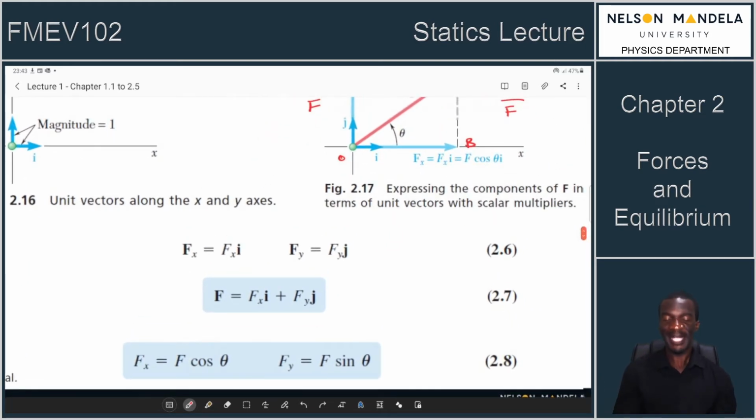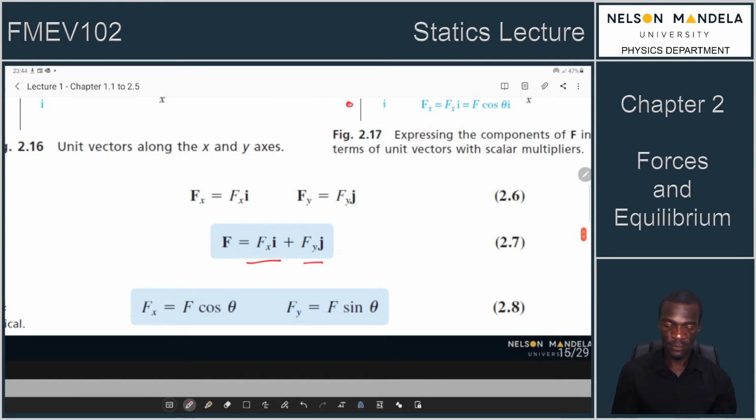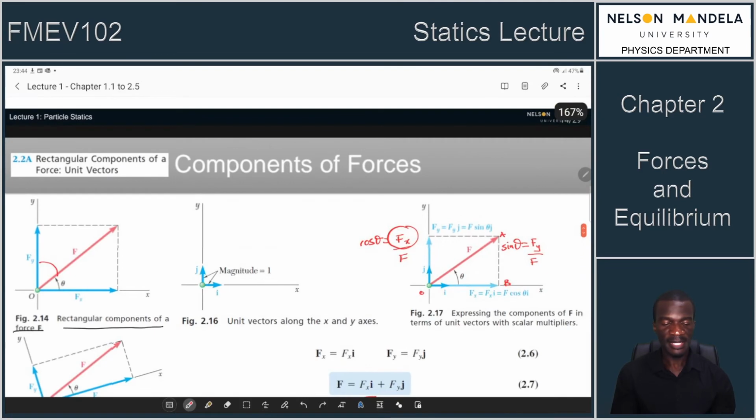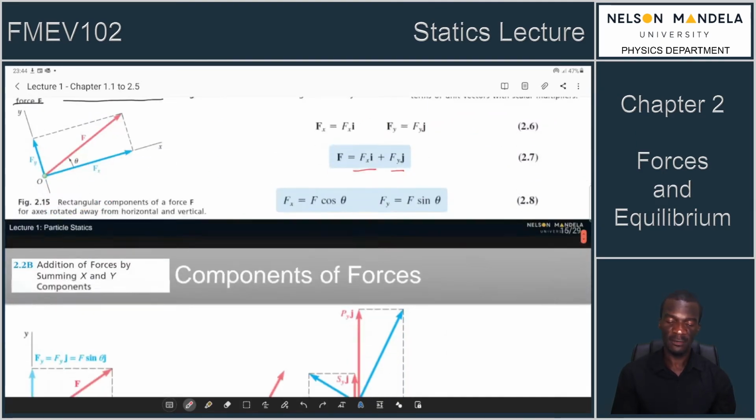You can therefore write the vector Fx, right? So Fx is a component, but it can be written as a vector of some magnitude in this direction, which is called the I direction. Same applies, Fy is in the J direction, and so we have the total force F being a sum or a resultant of the Fx in the I plus the Fy in the J. And of course, we've got that definition from trigonometry. So this sums up the rectangular components of a force.